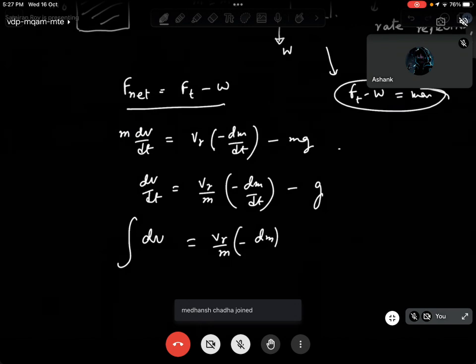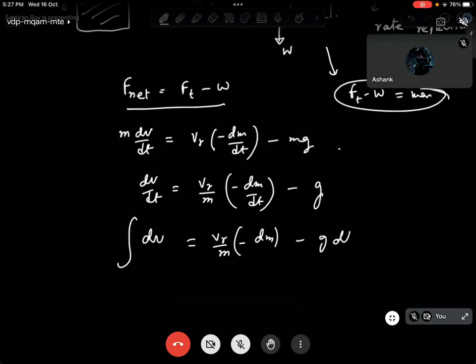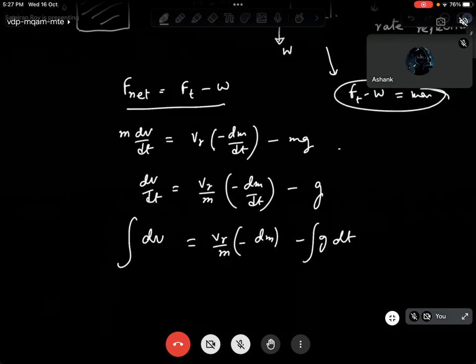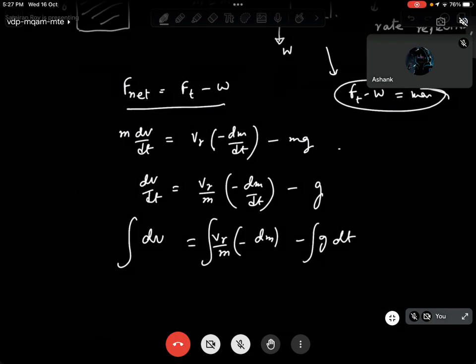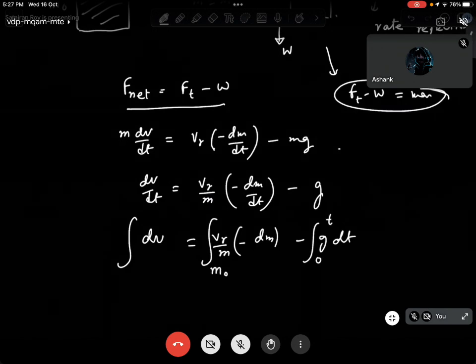Because dt will get cancelled, minus g dt. Okay, so from where to where do we integrate? From 0 to t. Now here dm is there, correct? So dm is changing from m0 to m.